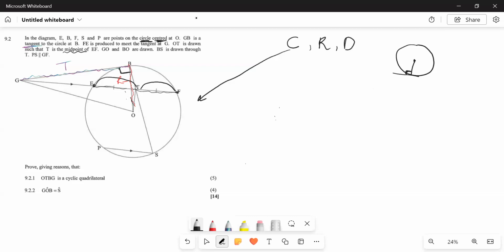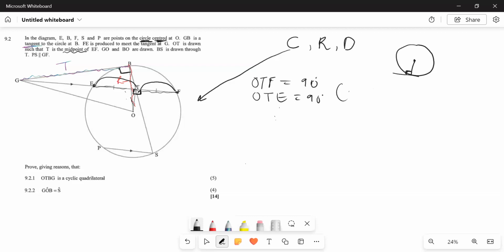Therefore, we can conclude that angle OTF is equal to 90 degrees, as well as angle OTE is equal to 90 degrees.